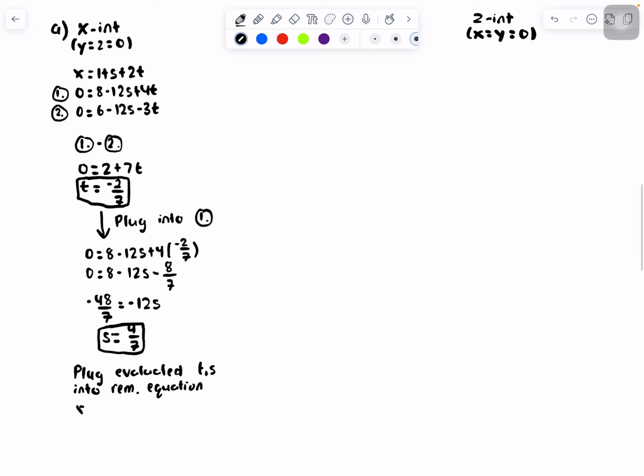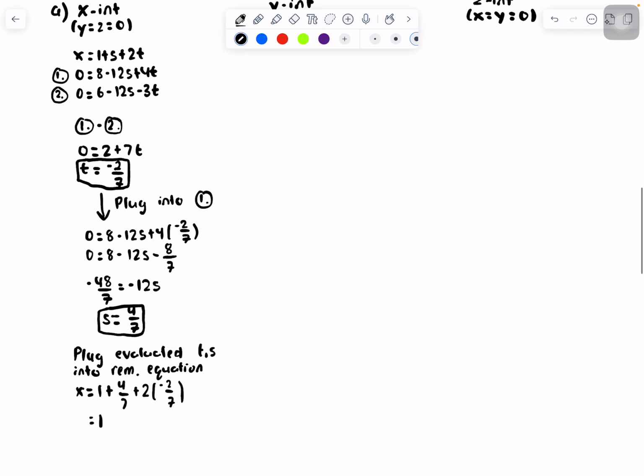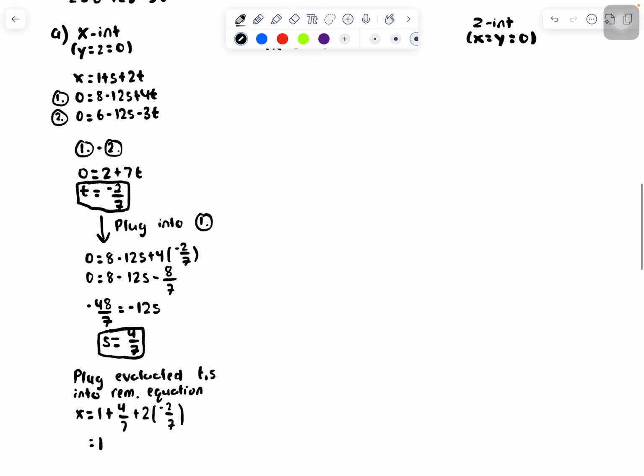So we have x equals 1 plus 4 over 7 plus 2 times negative 2 over 7. What does x equal? 1 plus 4 over 7 plus 2 times negative 2 over 7. You get 1. All right.